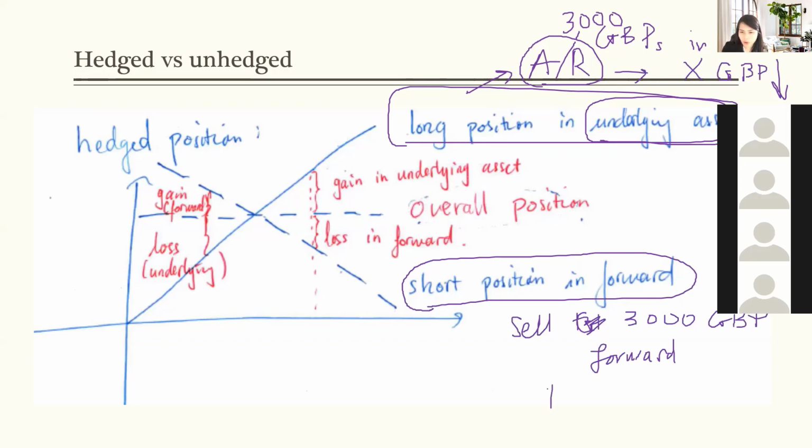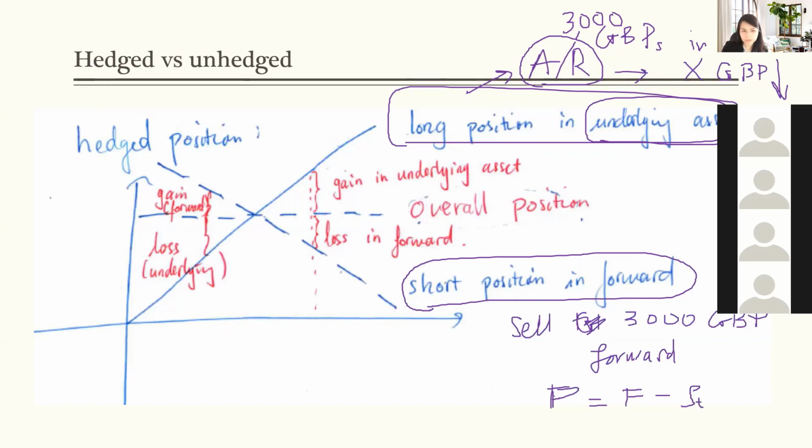If we recall from week 5, for a short forward position, our payoff function is F minus S_T, which means that we will be better off when the exchange rate depreciates and worse off when the exchange rate appreciates.